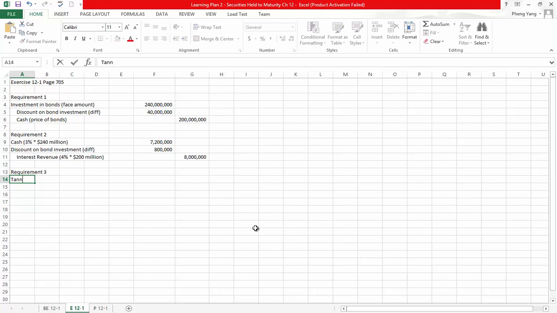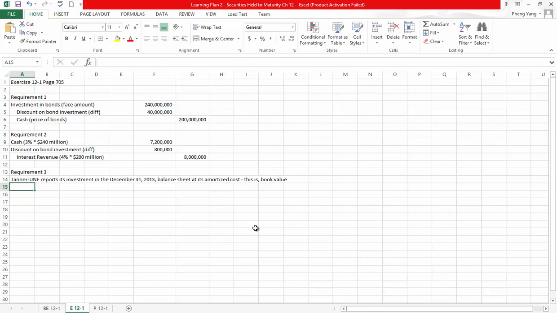All right, so Tanner's going to report its investment in the December 31st, 2013 balance sheet at its amortized cost. And this will be the book value.